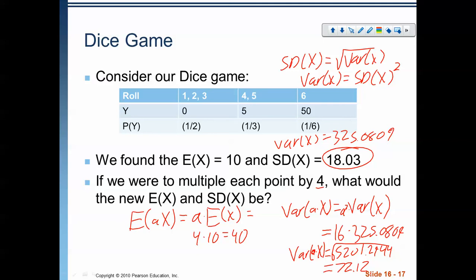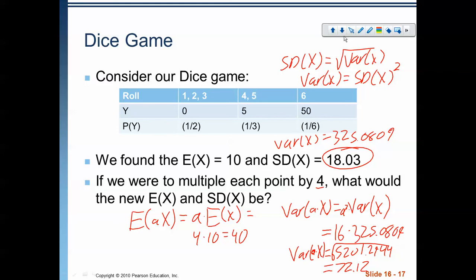Which in this case, technically, if we're just multiplying by 4, we would actually get that number. But that's not always true. So, multiplying for the variance, we need to do a bit more, right? We need to go to our variance, multiply by the square of that, and then convert around.